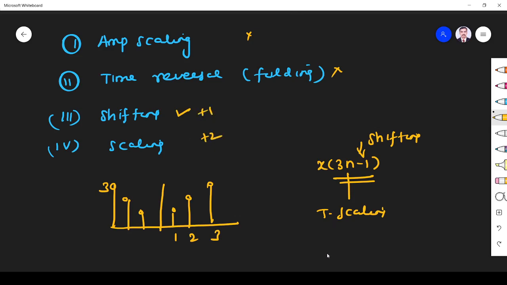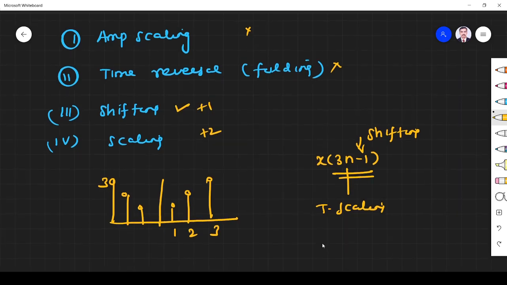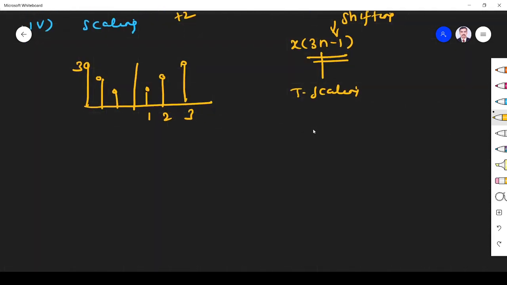So first we have to find x of n minus 1. Let us assume this is 0.